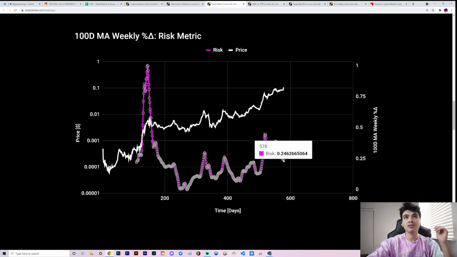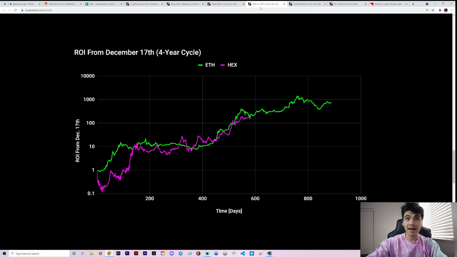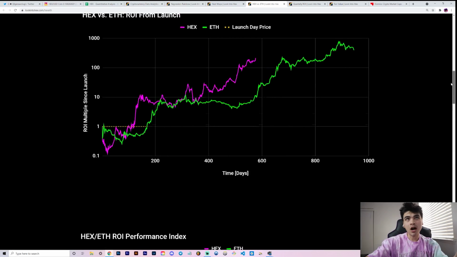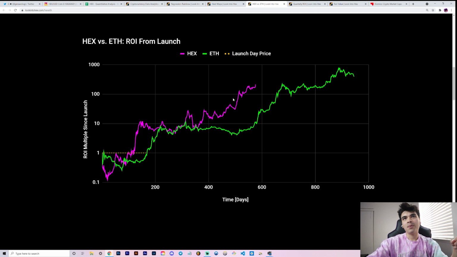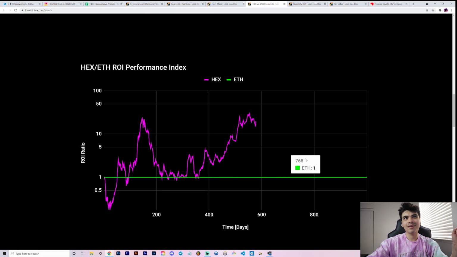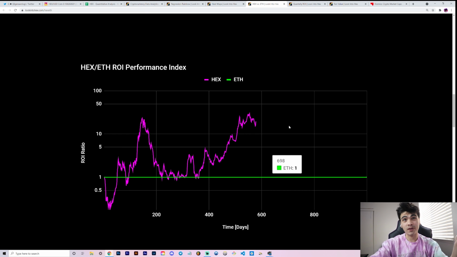It just really doesn't. There are certain metrics saying that it's not only possible, but becoming more and more likely every single day. Now, this is a chart I really, really like, because obviously we have our HEX versus Ether ROI from launch chart, but HEX just outperforms so hard that even when you normalize it, it's just outperforming the whole time.